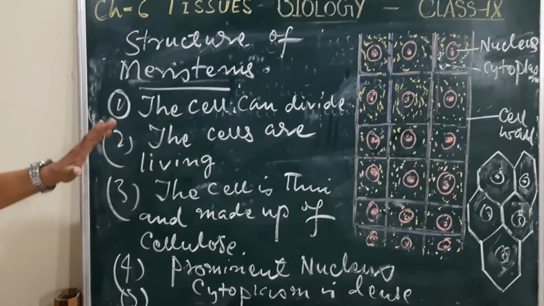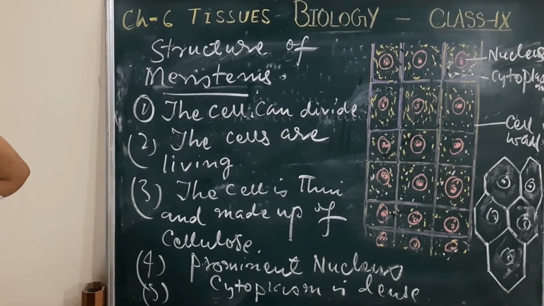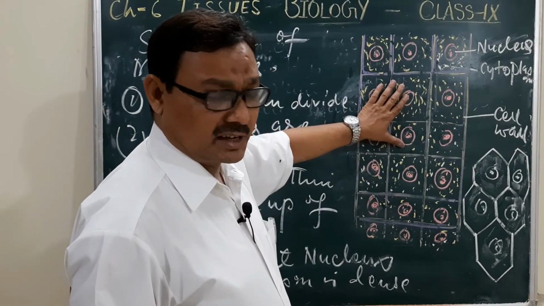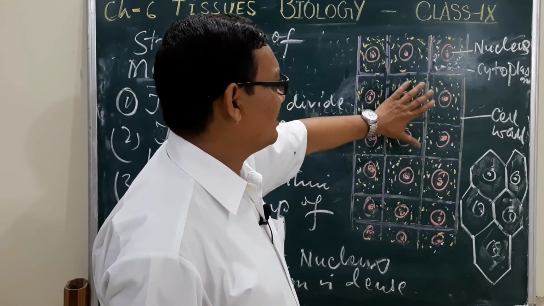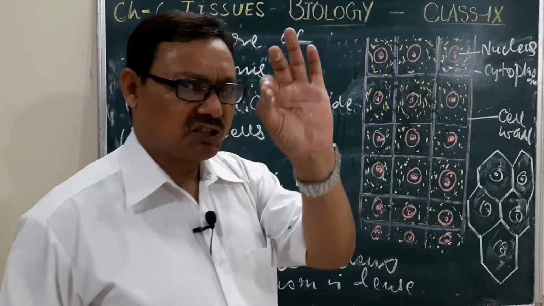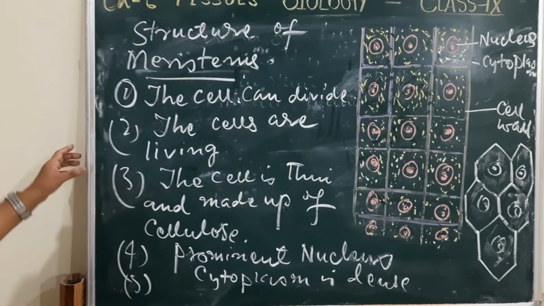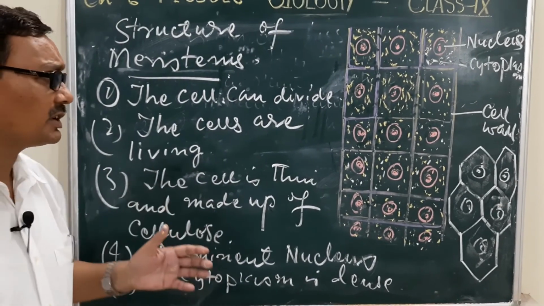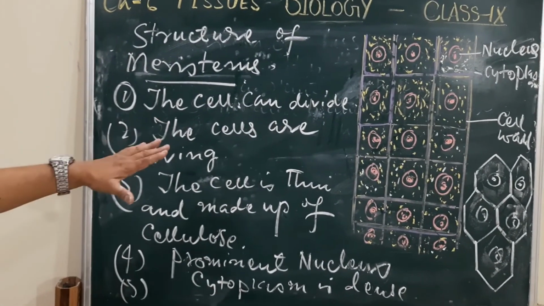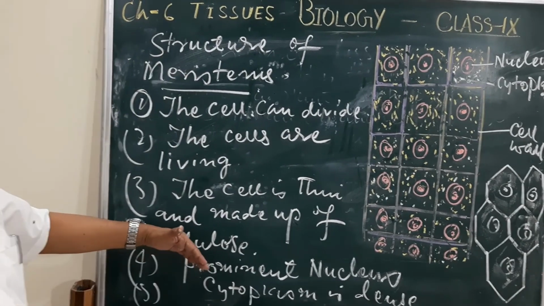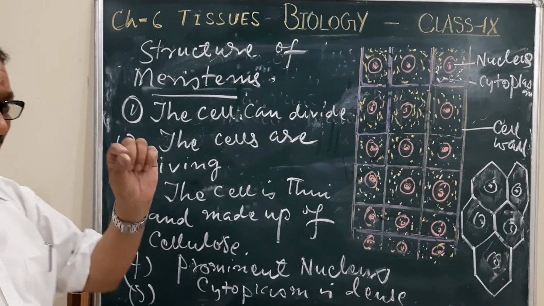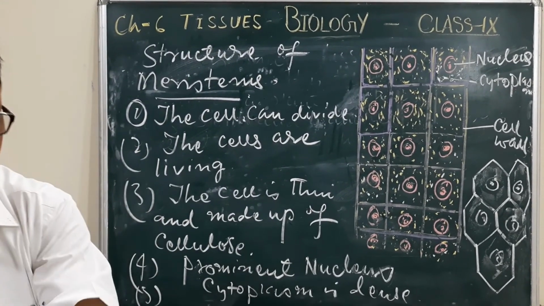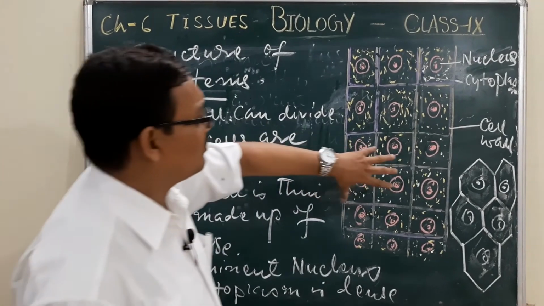And similarly, the other characters you may write: there are no vacuoles present, and if there is a vacuole present, the vacuoles are very much smaller. When you study this from your own textbook, after its different types, occurrence, and functions, at the last paragraph one question has been asked for you: why there is no vacuole present.